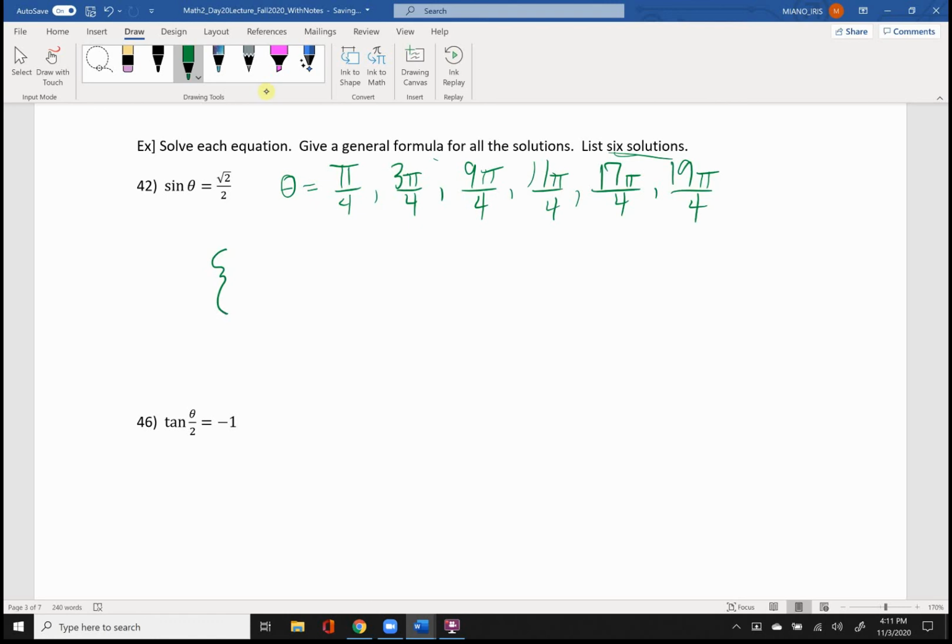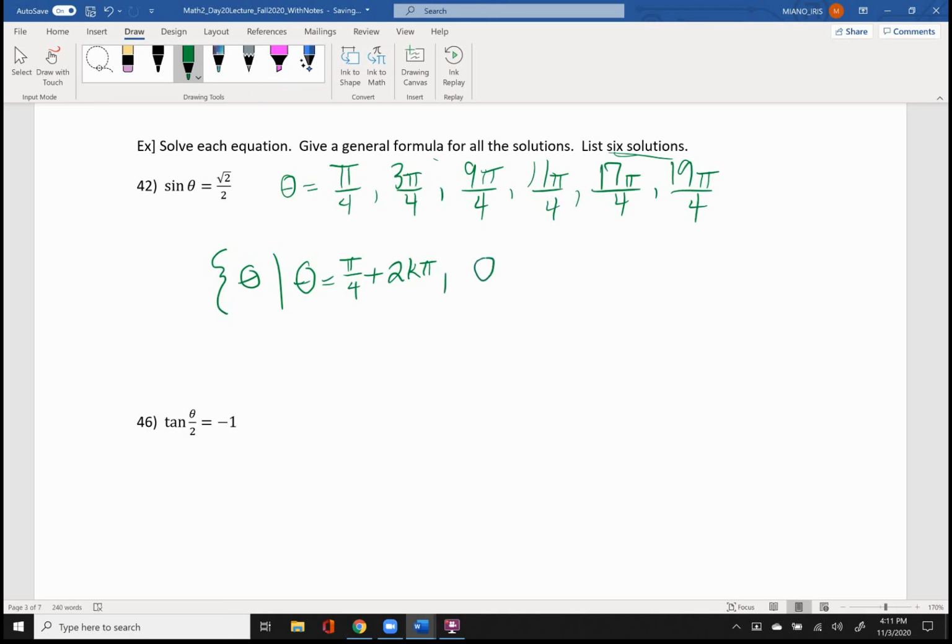And it looks like we are grabbing the formula where you do set notation and you use the set of all theta such that theta equals pi over 4 plus all multiples of 2 pi after that. So this 2k pi is indicating all multiples of 2 pi after pi over 4.